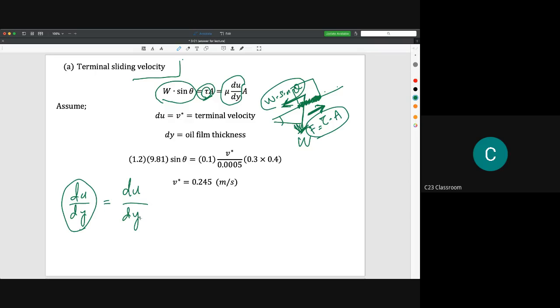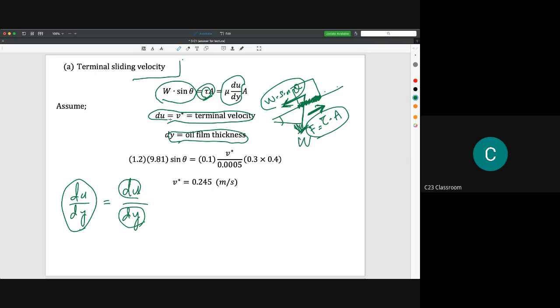The difference of y-axis reflects the oil thickness, and the du here will be the terminal velocity, because we assume that the velocity is now constant. So if we stick with the idea of u2 minus u1, you will get 0. But it doesn't mean that your equation will become 0.